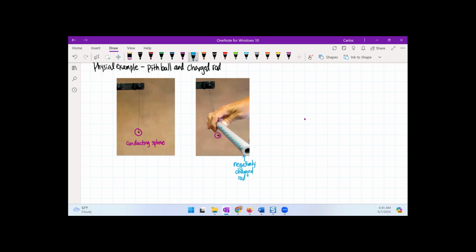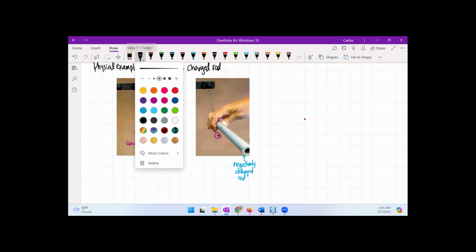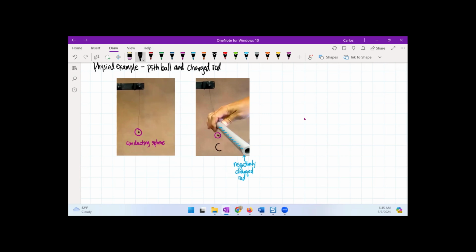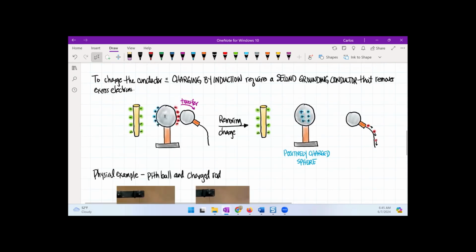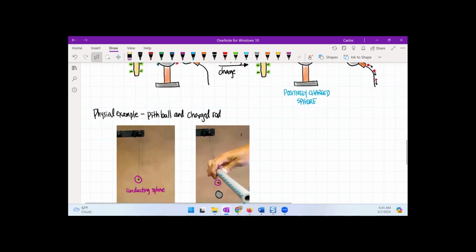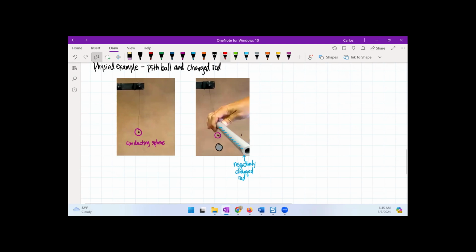If I look at this conductor, the first thing that happens is that I induce charge. Very similar to up here, I push all the negative charges away, and as a consequence, I produce positive charges.